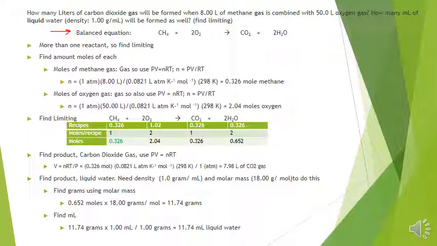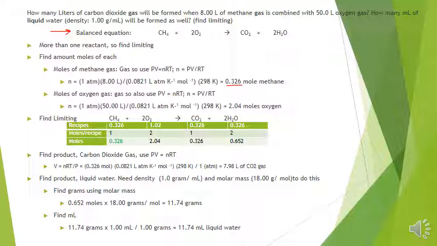Moles of methane, it's a gas, so we're going to use the ideal gas law. PV equals nRT, so n equals PV over RT. So P is 1 atmosphere, volume is 8 liters, divided by 0.0821, and divided by 298, and you end up with 0.326 moles of methane.